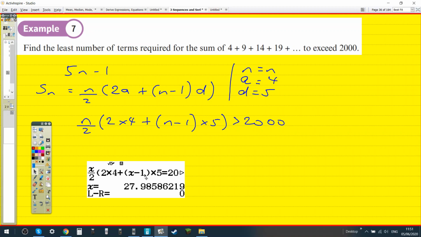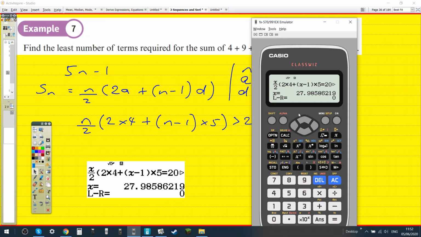Did you close the bracket, the x minus 1 in that bracket? Why didn't I get a syntax error? I did mine wrong, actually. I got zero. Hang on. Put a closed bracket after the times 5. I did mine wrong and the calculator forgave me.